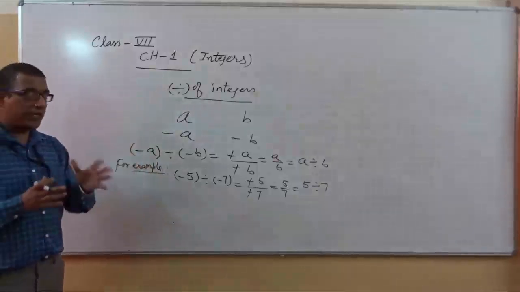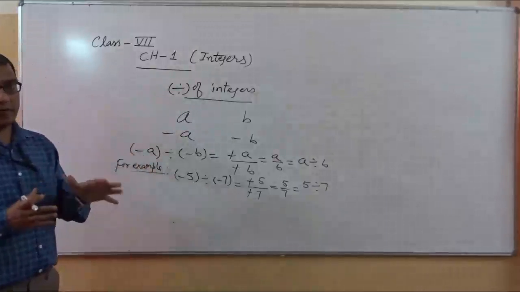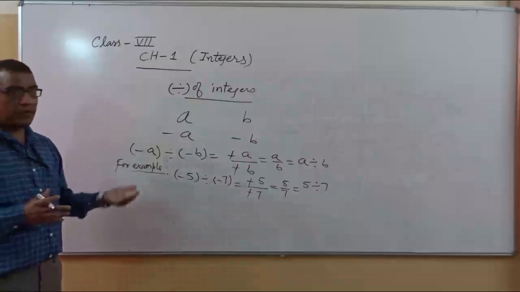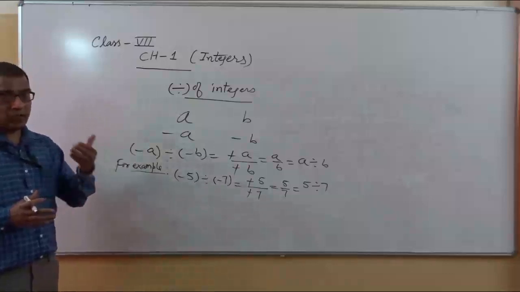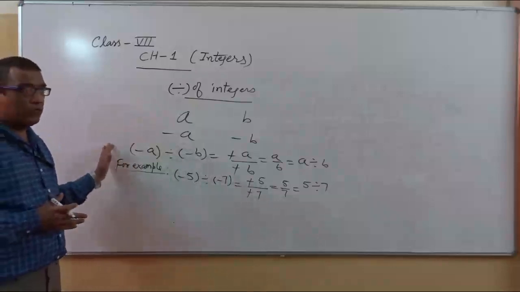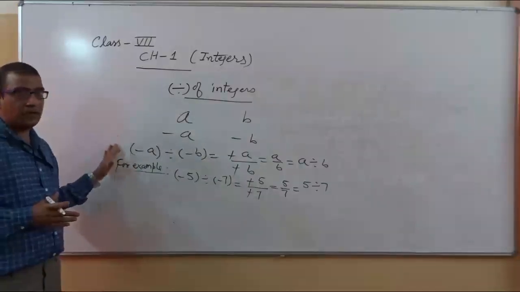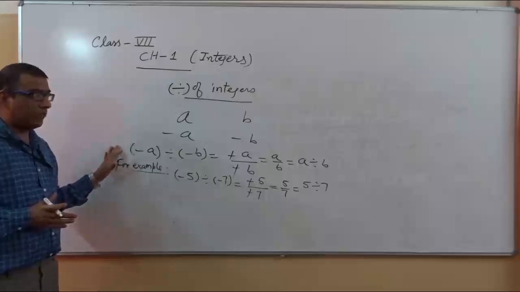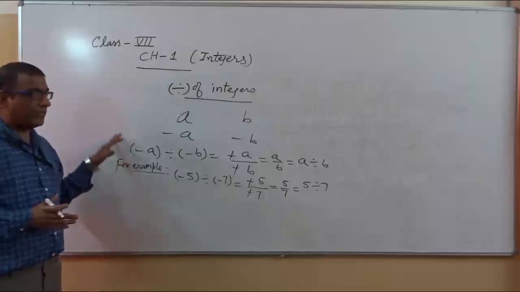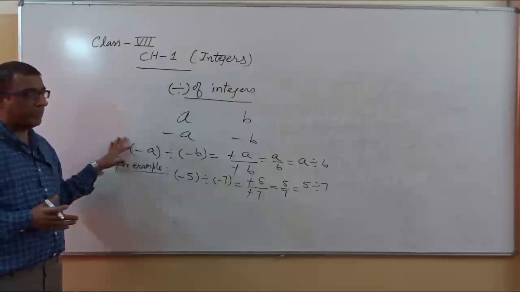So there are so many questions related with these properties. So go through the properties and practice them. There are so many questions given in the NCERT book. One by one you will do all such types of questions so that you do not face difficulty in any question related with your exercise of chapter number 1.